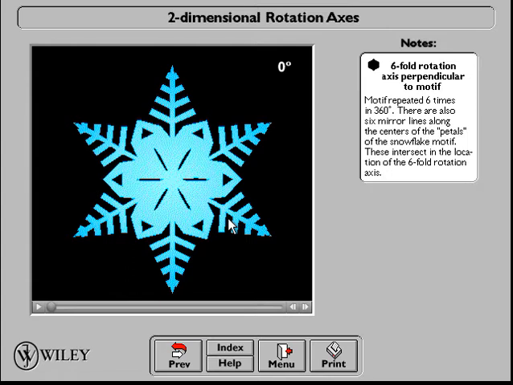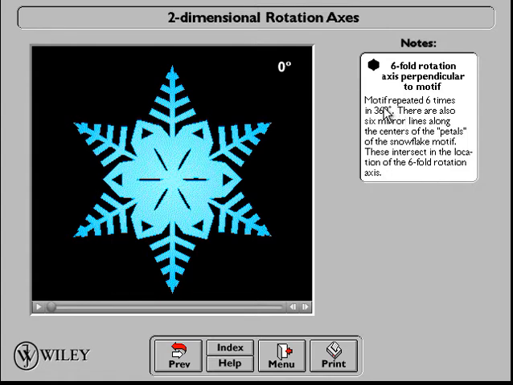There are also 6 mirror lines along the center of the petals of the snowflake motif. These intersect at the location of the six-fold rotation axis.